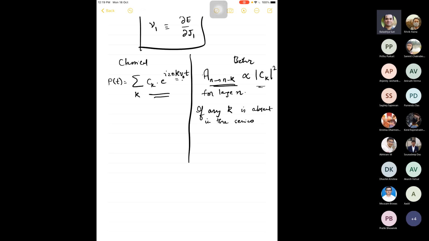If you take the average quantity, then it will agree with the classical result. That is the underlying hypothesis. Therefore, we need a probability distribution for these transitions, which is given by this A. This was the suggestion made by Einstein, and this is how Bohr interpreted the connection between the classical Fourier series and the quantum transitions.